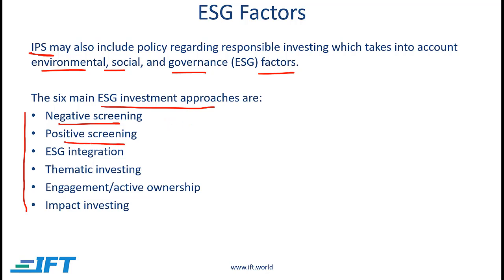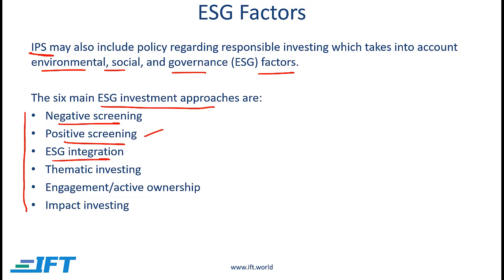Then we have positive screening. This would involve including certain sectors or companies on the basis of ESG criteria. So, for example, if an investor wants to only invest in companies that have a positive impact on the environment, that would be an example of positive screening.